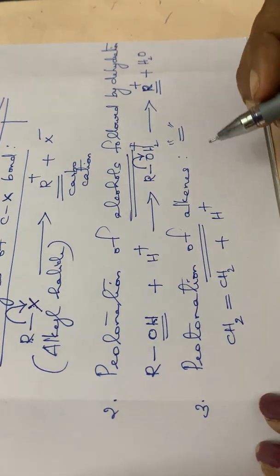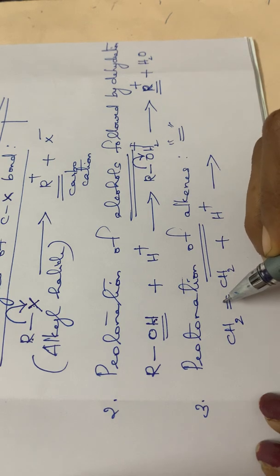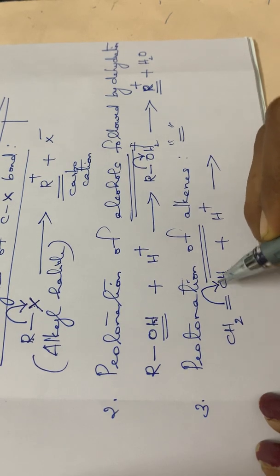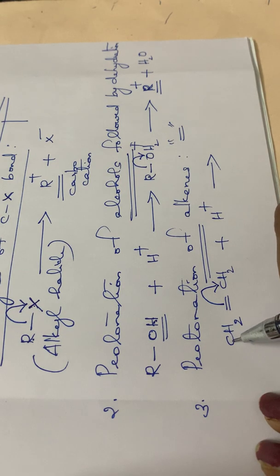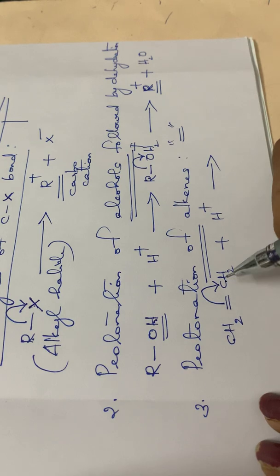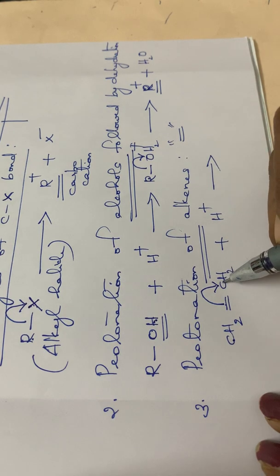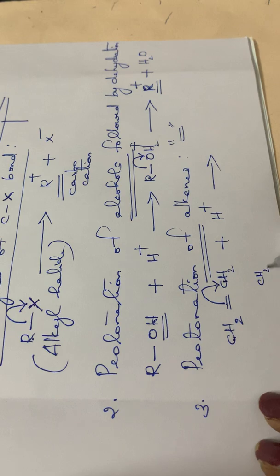One of the pi bonds is shifted to one of the carbon atoms. If this pi electron pair is shifted to one carbon atom, the first carbon will get a positive charge and the second carbon will get a negative charge.